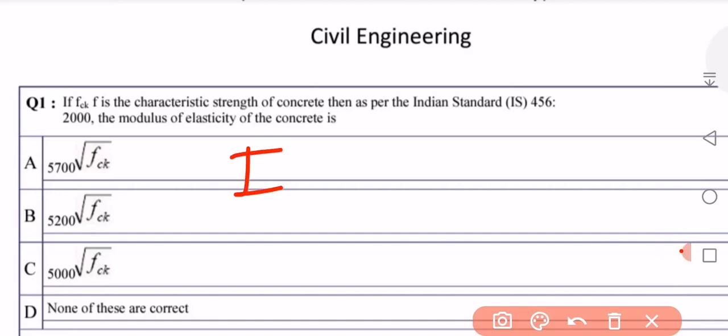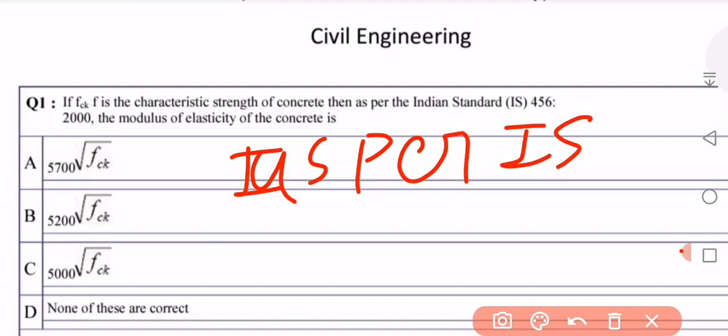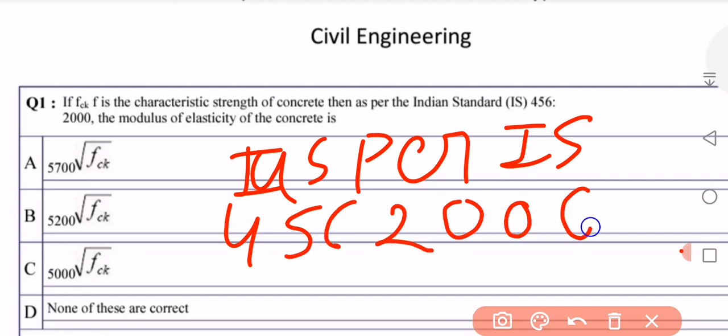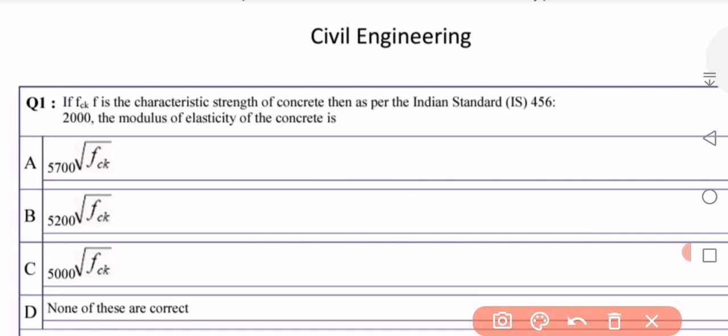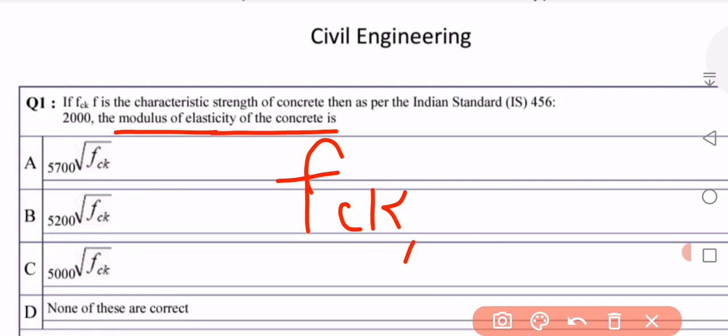As per IS 456:2000, the characteristic strength of the concrete is denoted by fck, and the modulus of elasticity of the concrete is denoted by capital Ec.